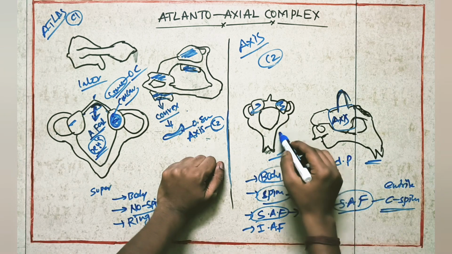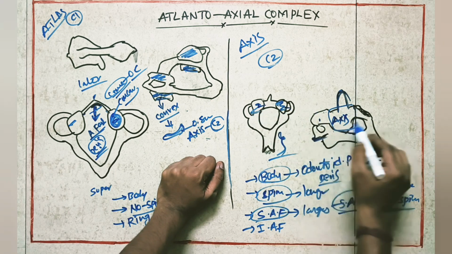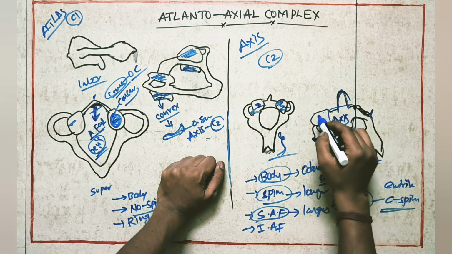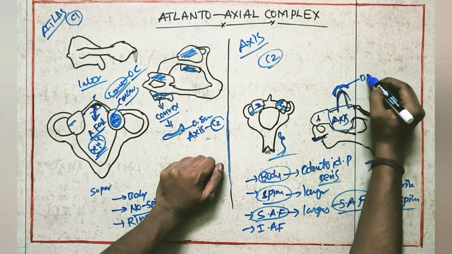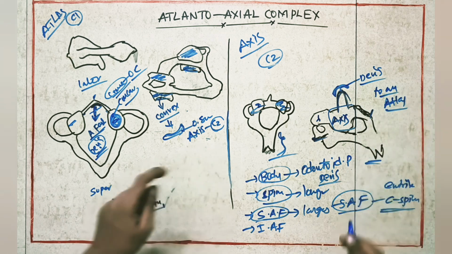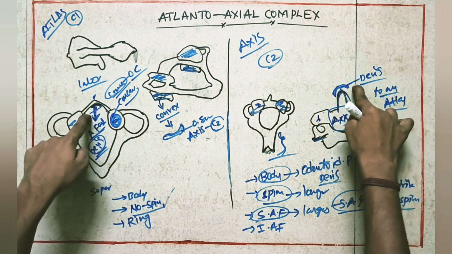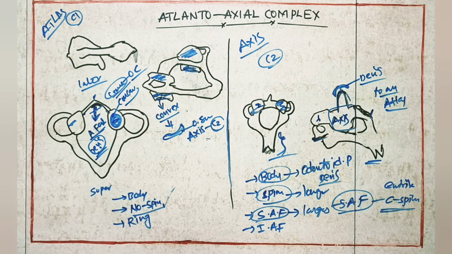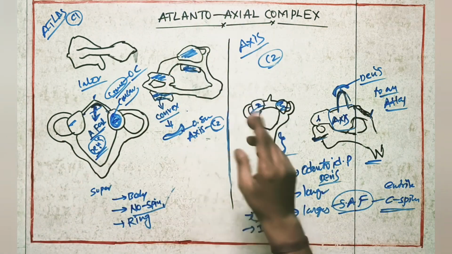So the axis has a spinous process, a body, superior articular facets and inferior articular facets. In addition, there is an articular facet over the dens to articulate with the atlas. Compare: the atlas has an articular facet for the dens, and the dens also has an articular facet, so these two can articulate. So this is about the atlas and axis. Now we'll enter into the atlanto-axial complex.